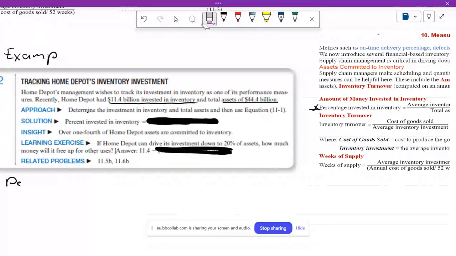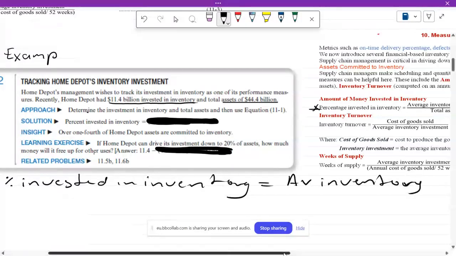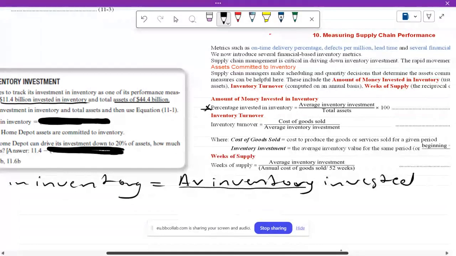Percent invested in inventory equals average inventory invested over total assets.